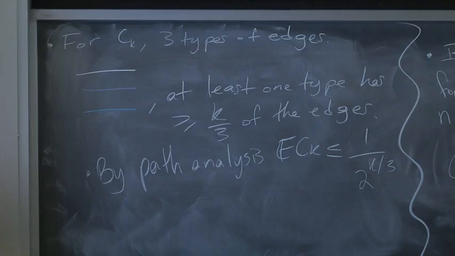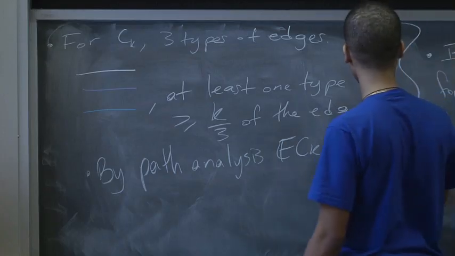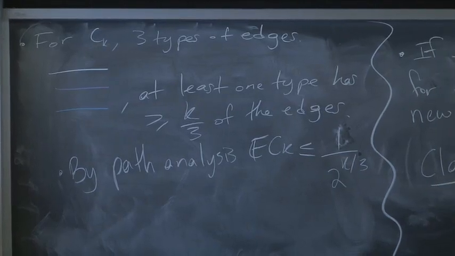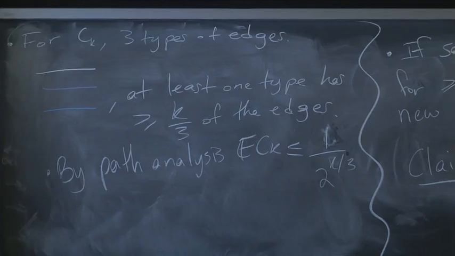Or maybe 3 over 2 to the k over 3 by union bound over the different colors or something. Is that what I want to say? No. Just look at the longest of the 3 groups and just ask what's the probability that you see that. Okay.